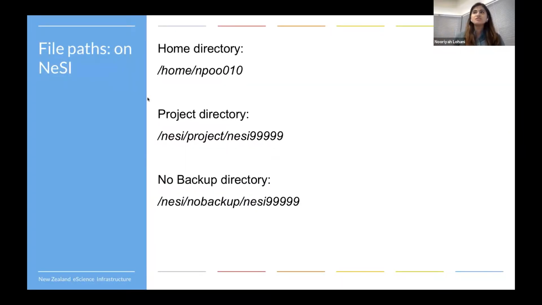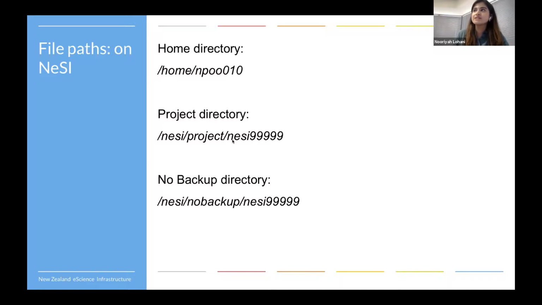Right, so once you're logged into Nessie, how would you navigate your way around? When you log into Nessie, if you type pwd, or print working directory, the first thing you'll see is your home directory. That will be just home and your username. And once you've applied for an allocation or a project, you should have a project ID, such as mine here.